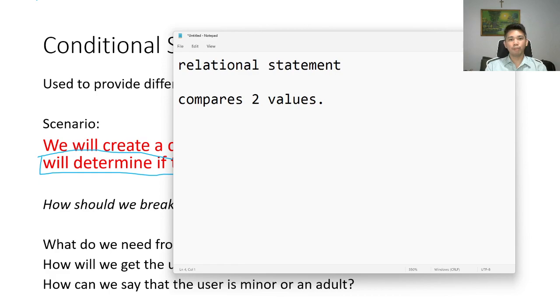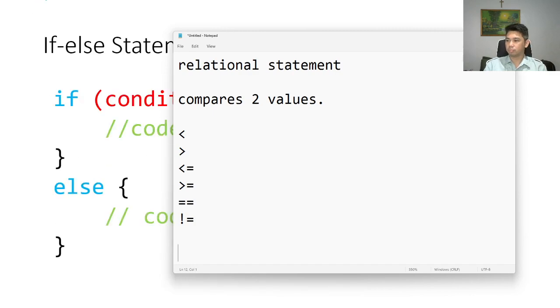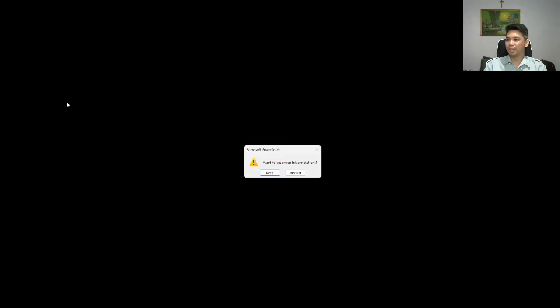How do they compare two values? We use the symbols less than, greater than, less than or equal, greater than or equal, and not equal. So how do you compare two? We just state two different values, like say 2, sorry, again.